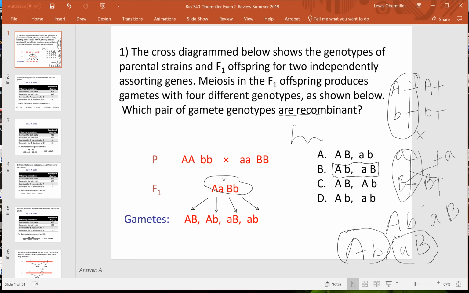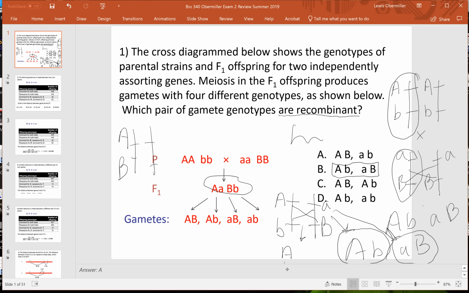The question asks which pair of gamete genotypes are recombinant, and the answer is that if this is the genetic makeup of the parentals, which is right here, and this one is the other parental, which is here, then recombination would create big A, big B on one chromosome, and then we would get this chromosome, which would be little a, little b.